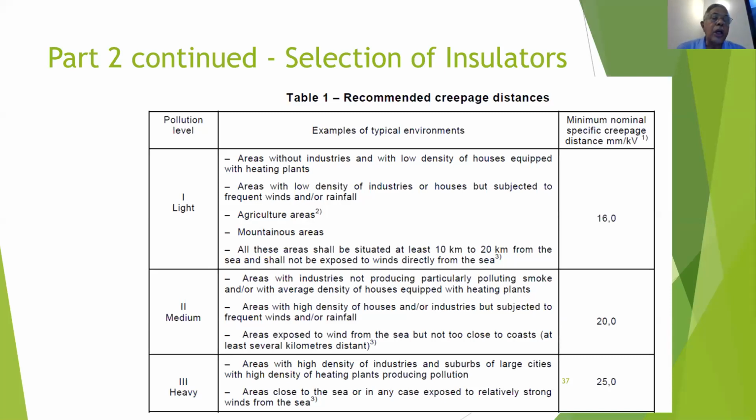So, light pollution level, number 1: areas without industries with low density, agricultural areas, mountainous areas. Galle and Hambantota are not written here; you have a lot of trees and all.